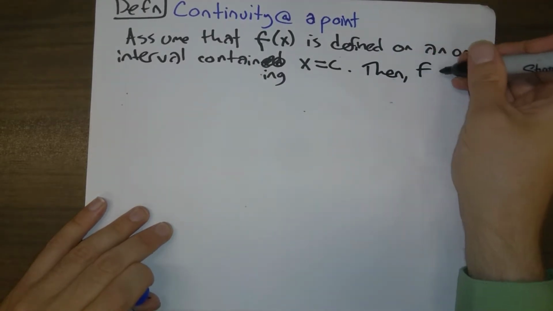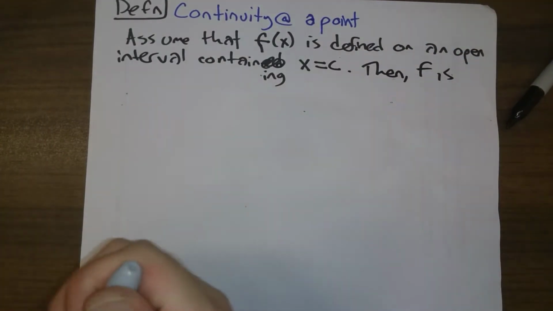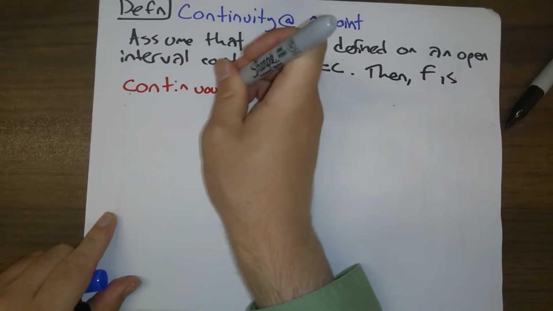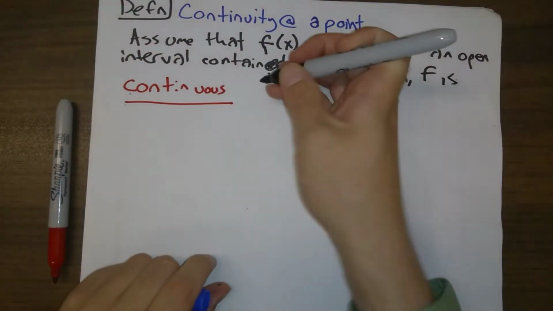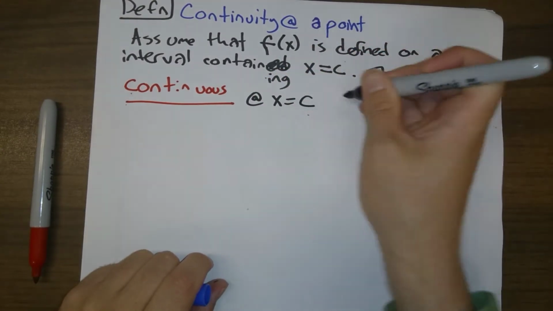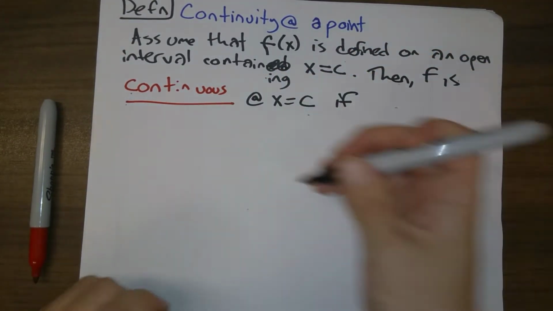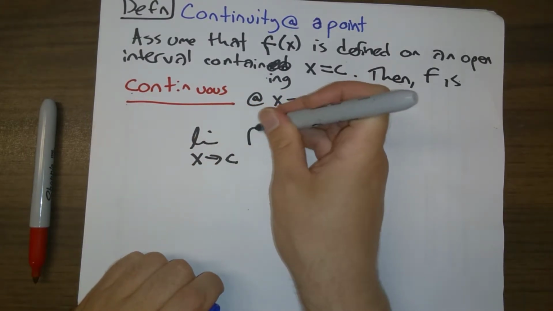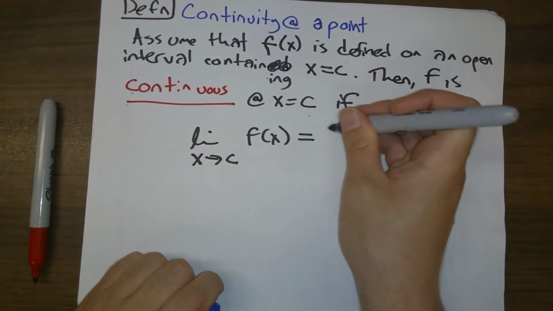Then f is continuous at x equals c if, here comes the definition, the limit as x goes to c of f of x is equal to f of c.